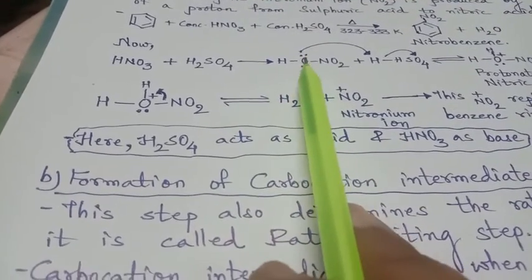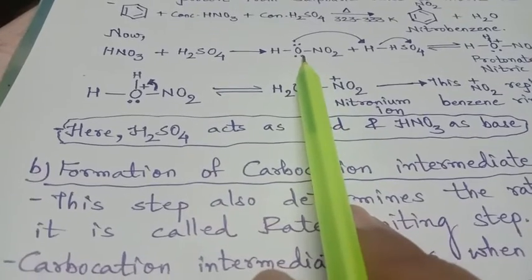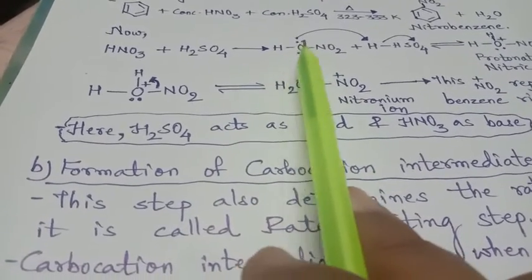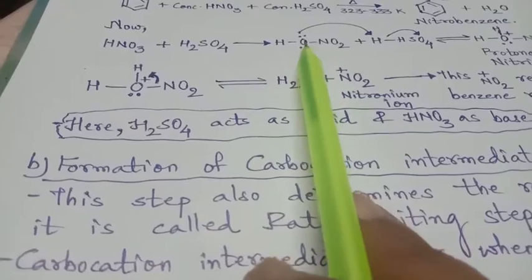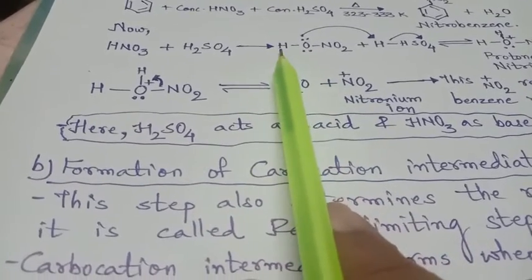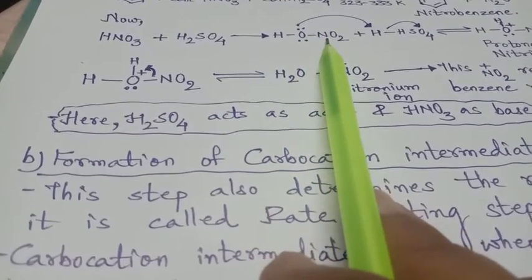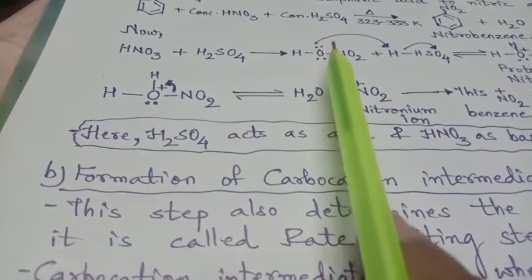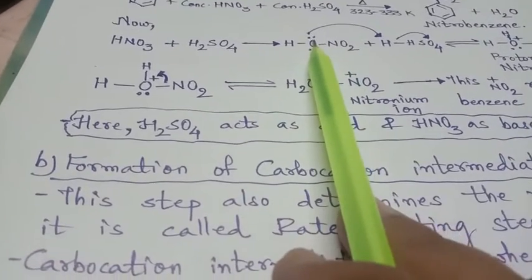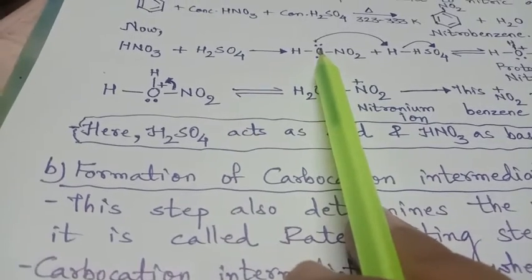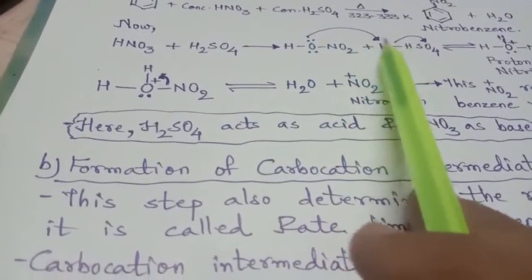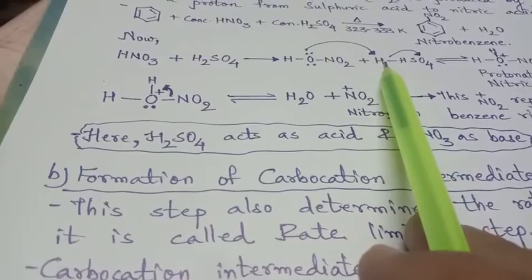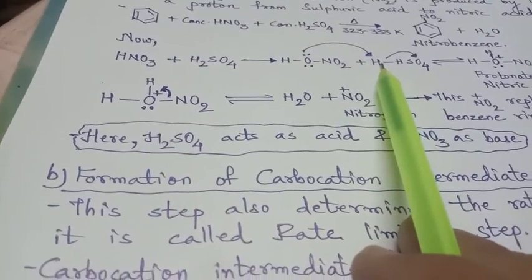H, O with 2 pairs of lone electrons, because oxygen has 1, 2, 3, 4, 5, 6 electrons. 1 electron is shared with hydrogen, 1 will be with the nitrogen here, and 2 pairs are here. Now this pair of the oxygen is transferred to the hydrogen of sulfuric acid.